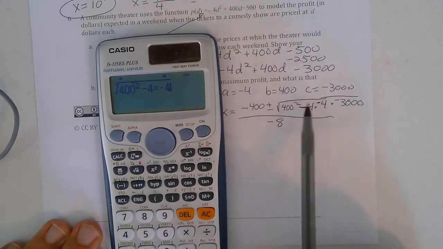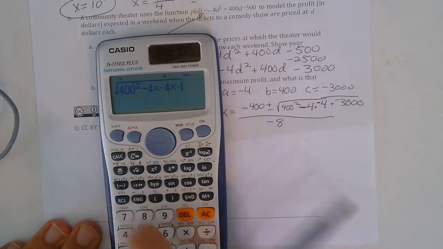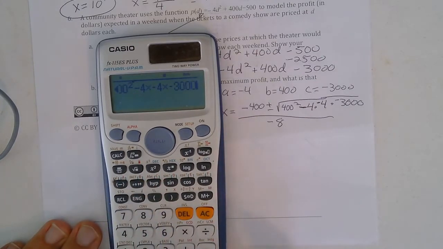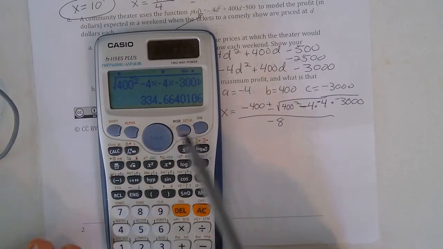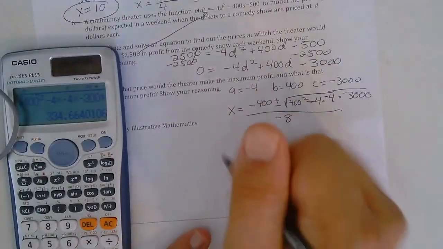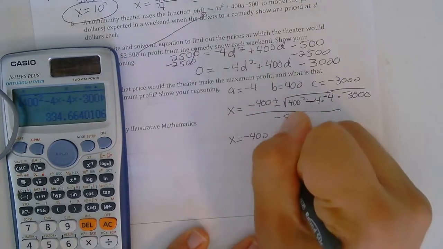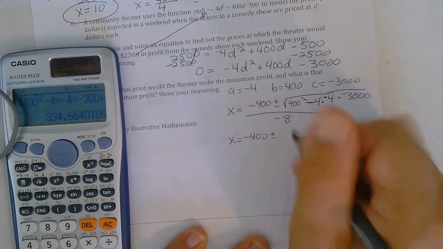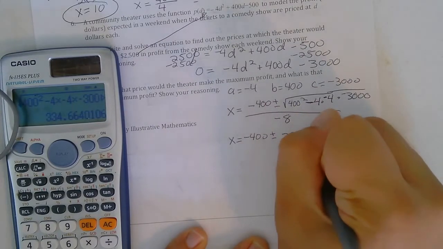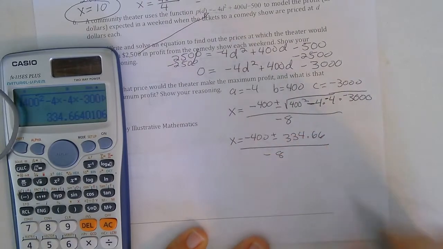So minus 4 times negative 4 times negative 3,000. And that gives us 334.66. So x equals negative 400 plus or minus 334.66, all divided by negative 8.